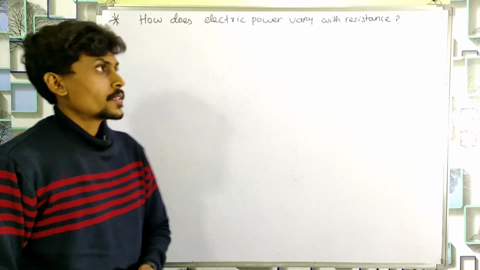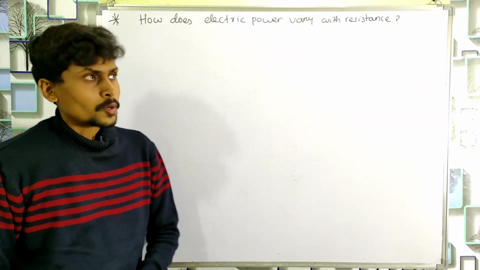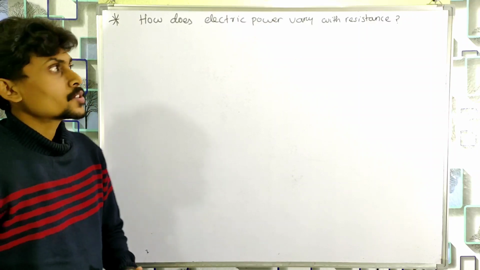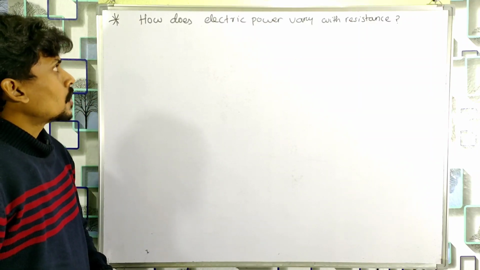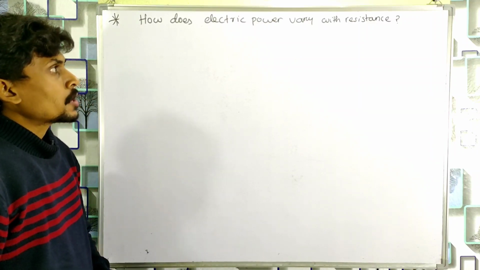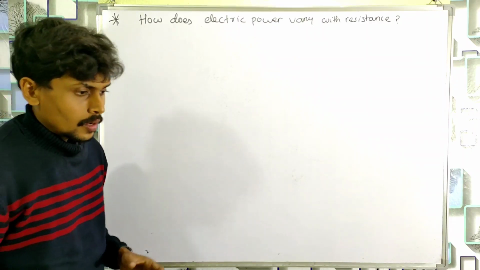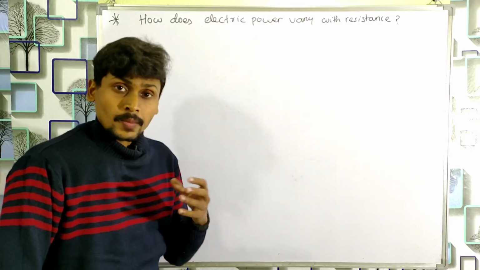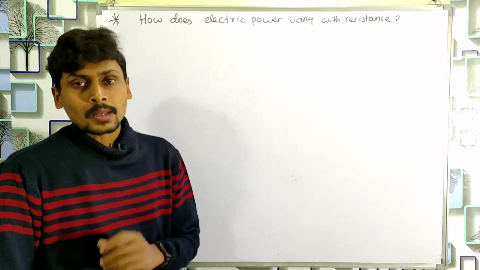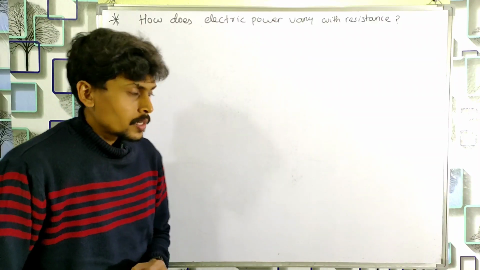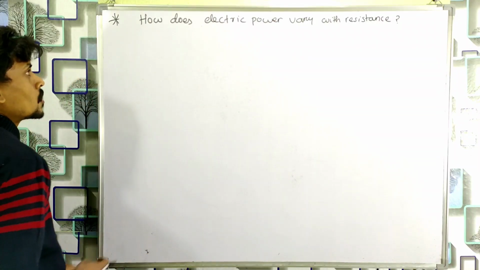Now look at the next question. This is a theoretical question, not a numerical based. The question is how does electric power vary with resistance? तमाने electric power टा directly proportional ना indirectly proportional to resistance. So students हमें जानी चाहिए power of formula कौन?